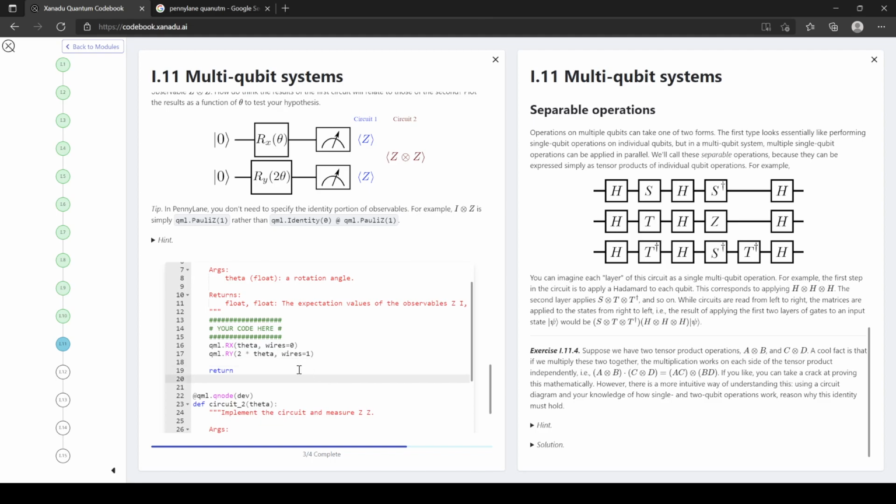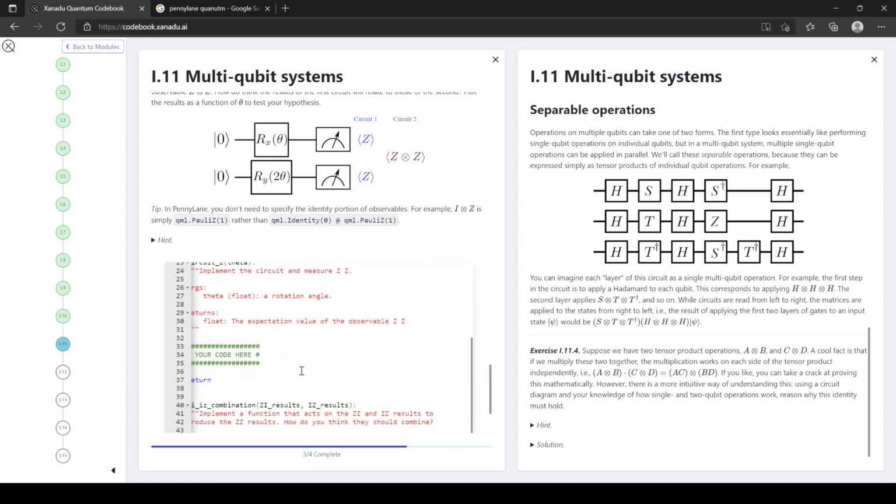Return qml.expval of qml.PauliZ. Really wish I could just type Z. Wires equals 0. qml.expval of qml.PauliZ, wires equals 1. Okay.